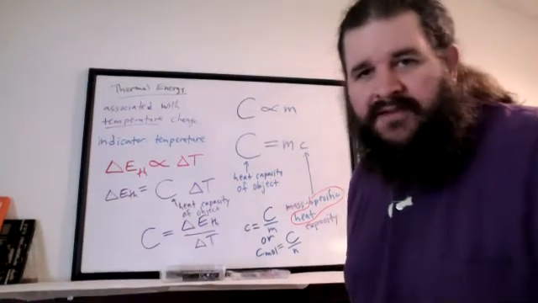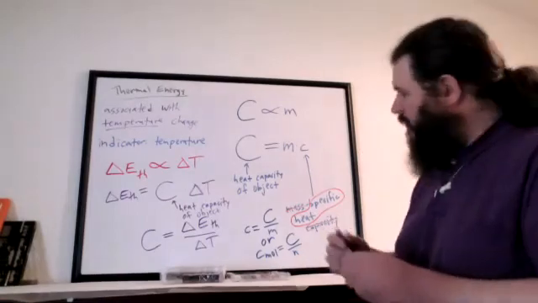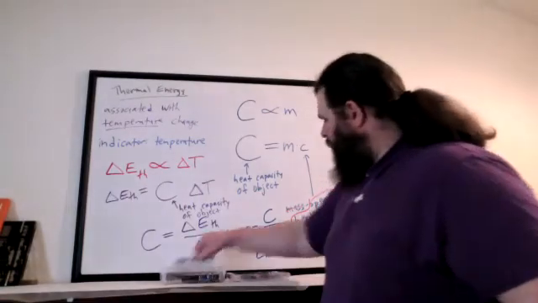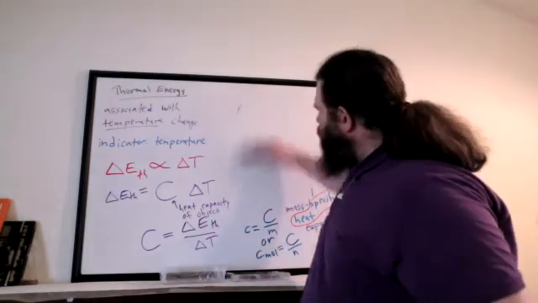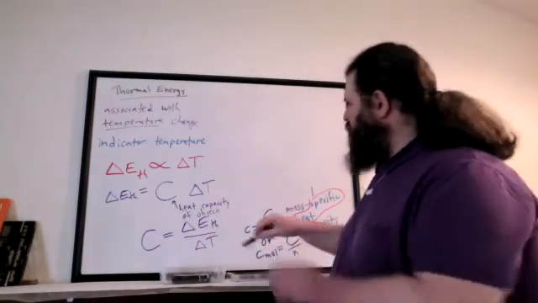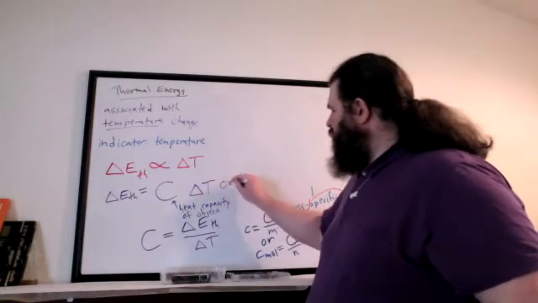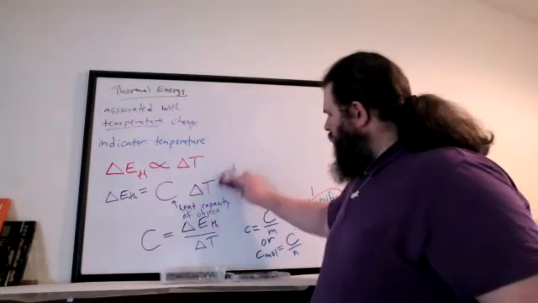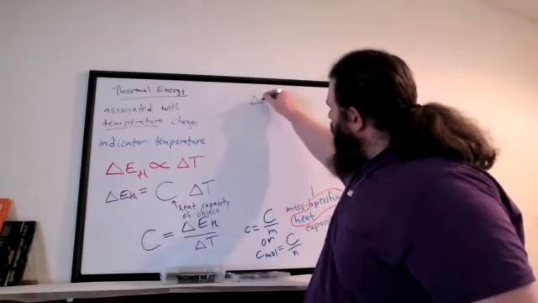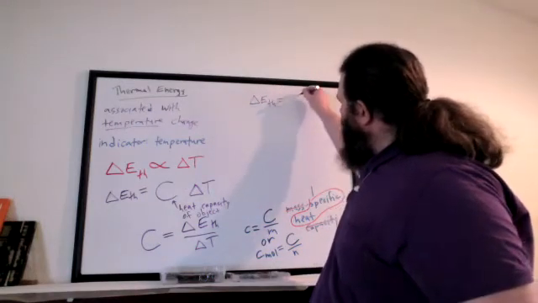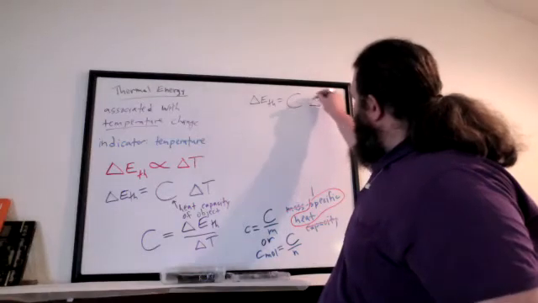So let's put all this back together into one big formula. So we've got delta E thermal equals heat capacity of the object times delta temperature.